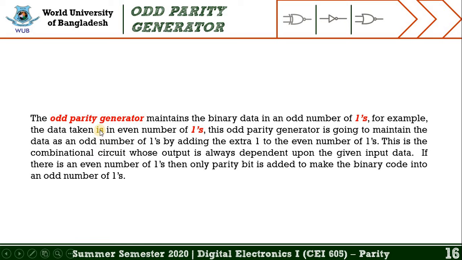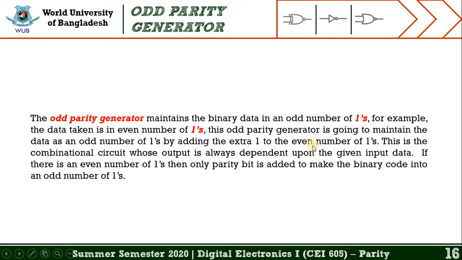Now the time has come to learn about another classification of parity generator, which is the odd parity generator. The odd parity generator maintains the binary data in an odd number of ones. For example, if the data taken has an even number of ones, this odd parity generator is going to maintain the data as an odd number of ones by adding an extra one.